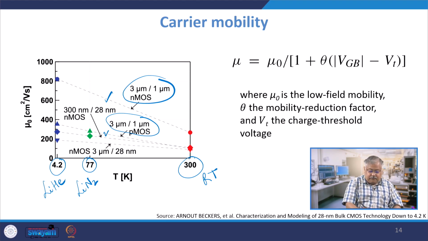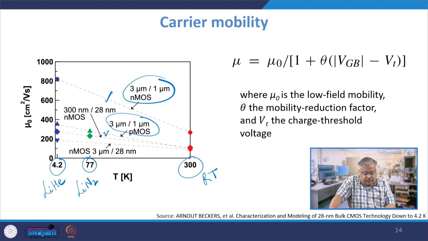The overall mobility for a PMOS device is lower, as expected, because hole mobility is lower than electron mobility. Interestingly, the mobility goes down as you make the temperature higher and higher. At lower temperature the mobility shoots up, and the reason is that you have less scattering available. That is a very important term which you should be careful about, and it is one of the major areas people are currently looking into.